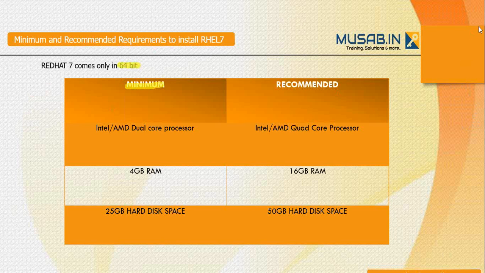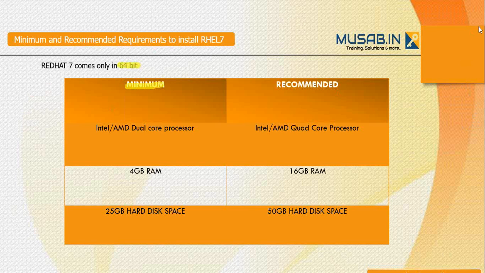And recommended is something you must have in order to obtain good performance. To get optimum results, you need to follow recommendation. So for good performance, you should go for recommended. And just to install, at least what you should have, you cannot expect performance, but at least to do installation and work with that, you can go with minimum requirement.